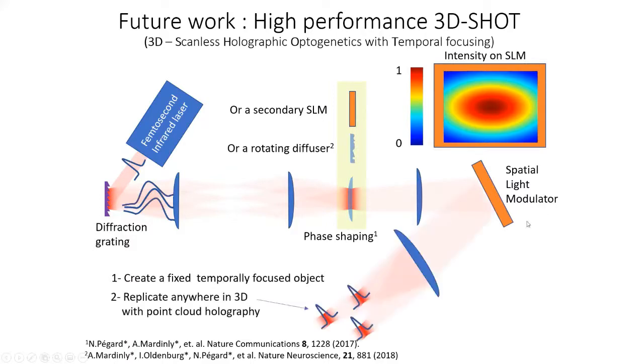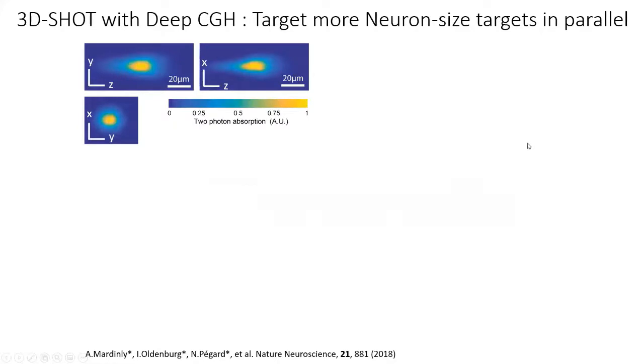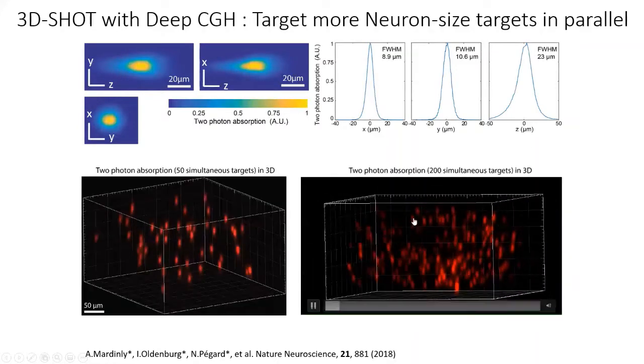And then if you compute holograms made of points, you'll basically get a 3-dimensional temporally focused object copied at every point in space. There are a couple of papers on the topic. This is 3D shot. It was originally developed with other holographic techniques, and now we have another one which is compatible with that type of implementation, and that's one of our next steps.